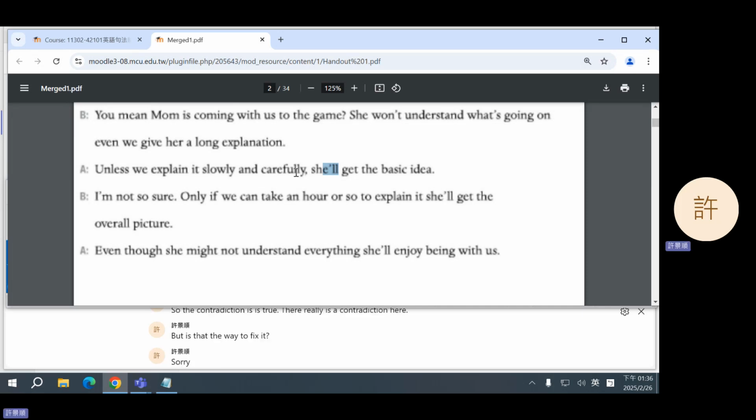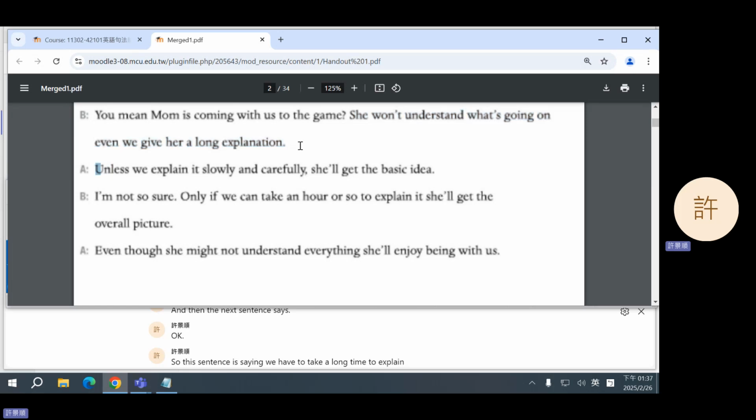Sorry. Okay. The way to change it is here. The previous sentence is saying we have to take a long time to explain it so that she will understand. And then the next sentence says, okay, so this sentence is saying we have to take a long time to explain.